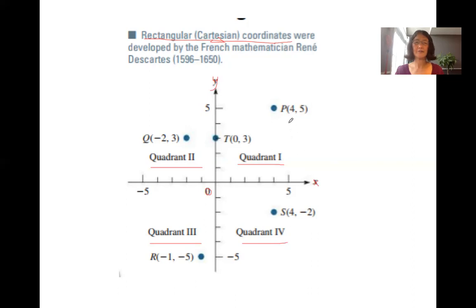For example, a point P is in quadrant 1, and its coordinates are x equal to 4, y equal to 5. And the point Q is in quadrant 2, x equal to -2, negative 2 is here, y equal to 3, 3 is here.